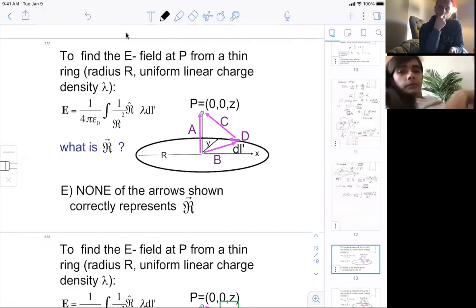Maybe that is the reason some of you chose A, or maybe not. If not, you're welcome to share your thoughts. Because I think the E field at the center is pointing directly upward, so my curly R must be upward. What do you think?